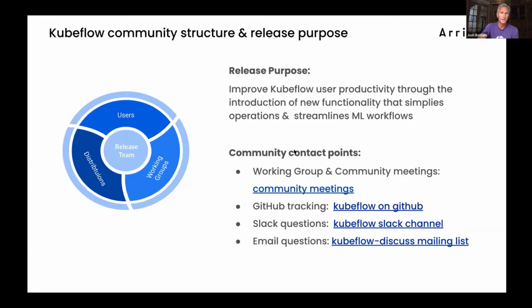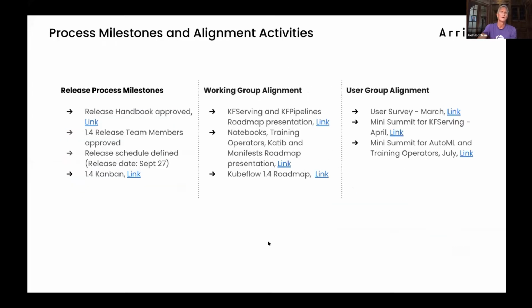Now, we give plenty of ways for folks to contact the community. We have working group and community meetings basically every week. We also have GitHub tracking of all the issues that go into the project, and we answer questions both on Slack and in email.